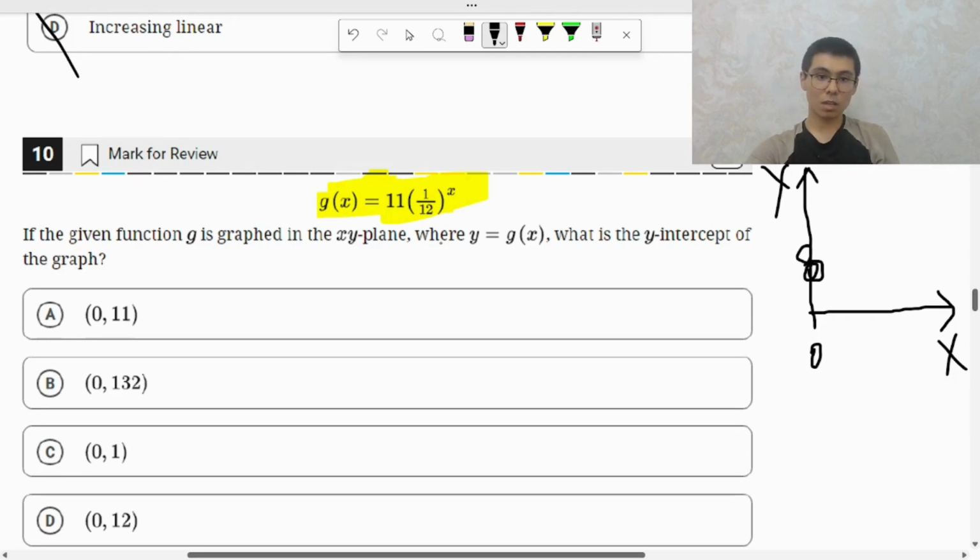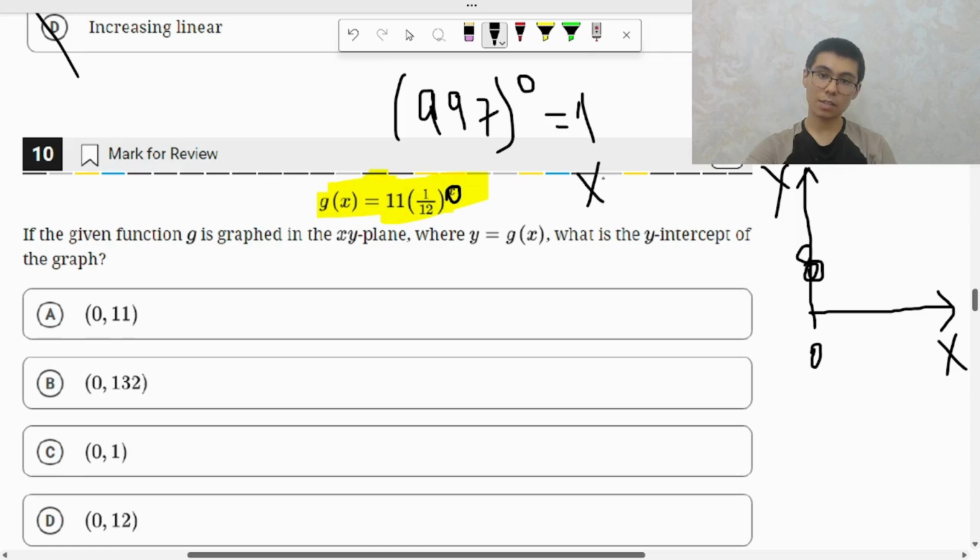So in this case, we have to put 0 instead of x here. And there is another thing that you have to know: it doesn't matter what number it is, like 9,900, like 7 to the power of 0 is always going to equal 1. X to the power of 0 is going to equal 1.